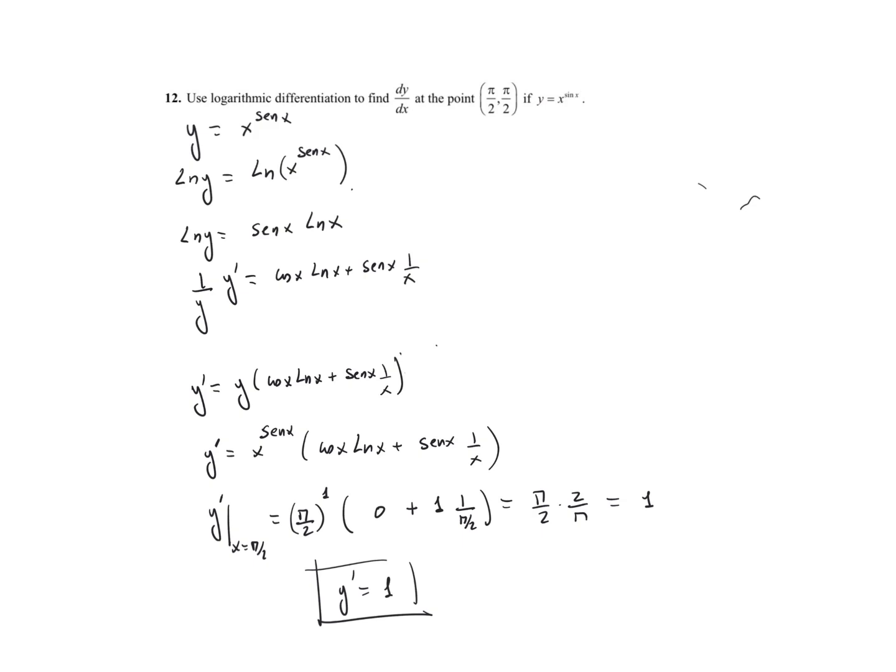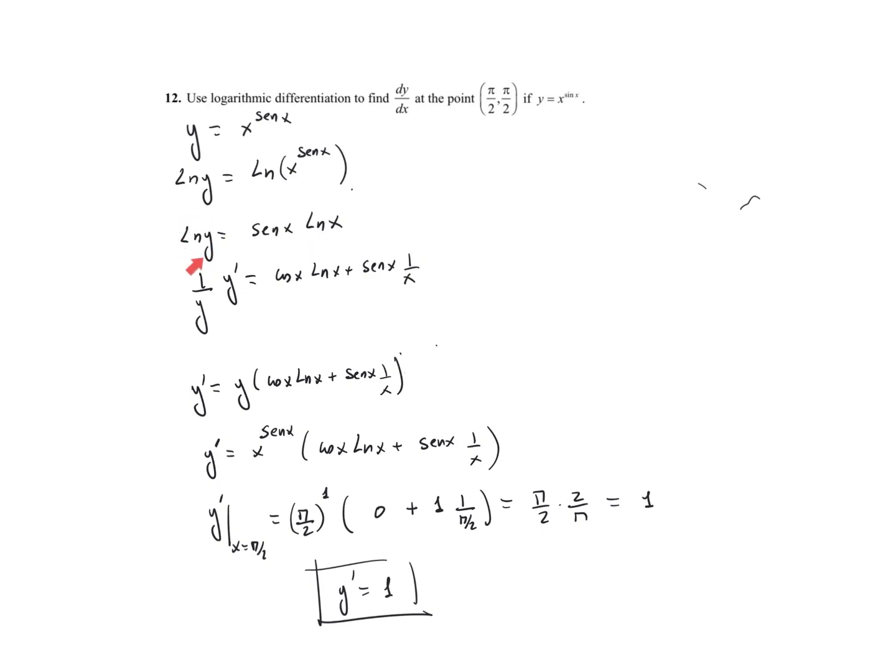We take natural logs of both sides of the equation. So the natural log of y will be the natural log of x to the sine of x. Now, applying the property of the logarithm, the sine of x comes down, so the natural log of y will be sine of x multiplied by the natural log of x.